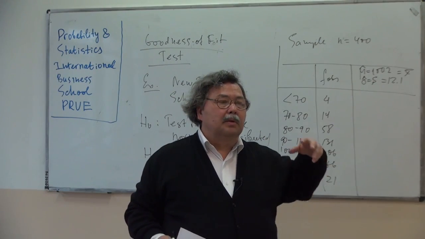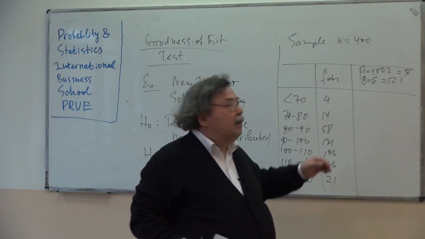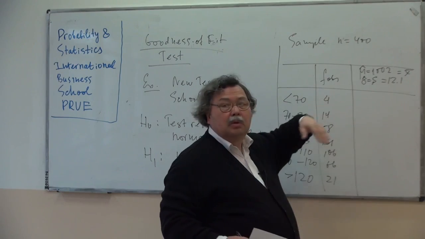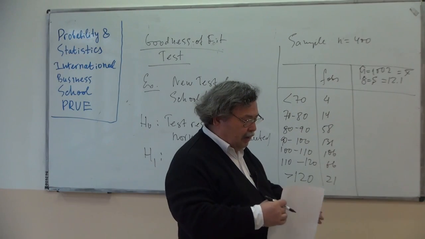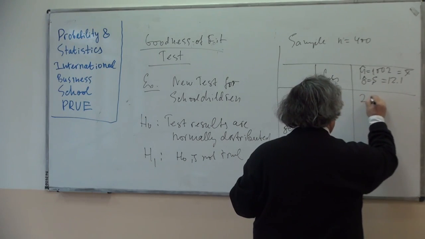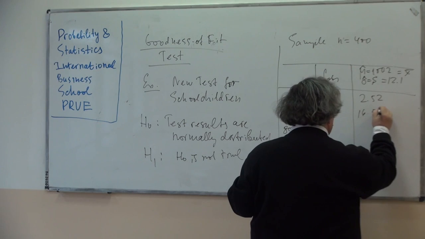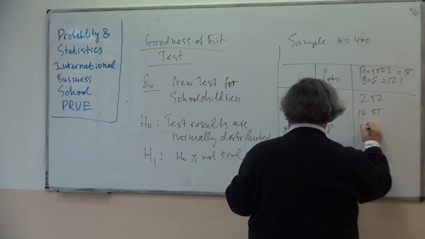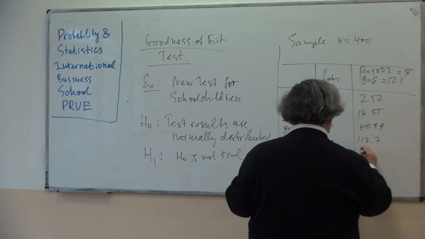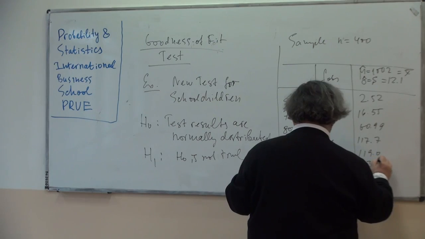Because the normal distribution is something that we know very well. We can just compute what proportion would fall within each of these categories in the exact distribution. And these are 16.55, 60.99, 17 cent, 6307.